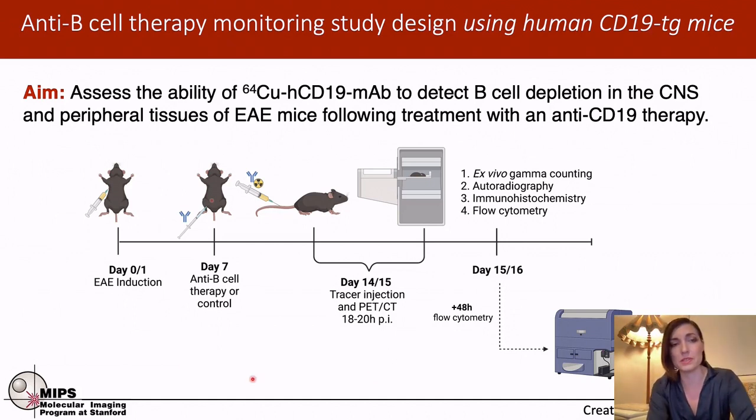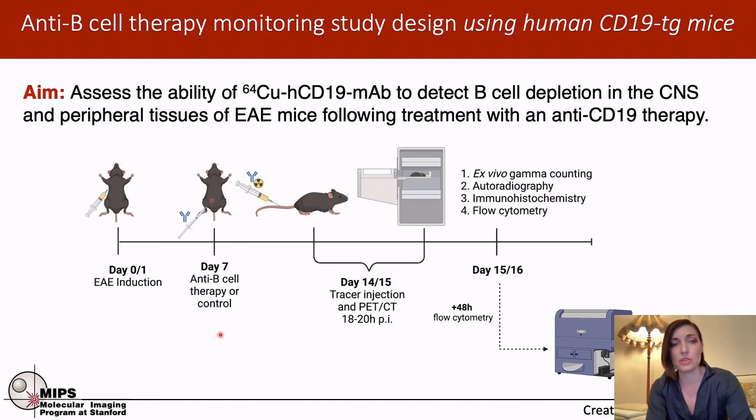And so, what we do is we start by inducing EAE. And then we administer the therapy at about day 7, so very early stage when we just start seeing a symptom of the disease. So it's like the initial signs. It's very translational, or it aligns with what you would see in the clinic with somebody coming in when they have their first sign or symptom.